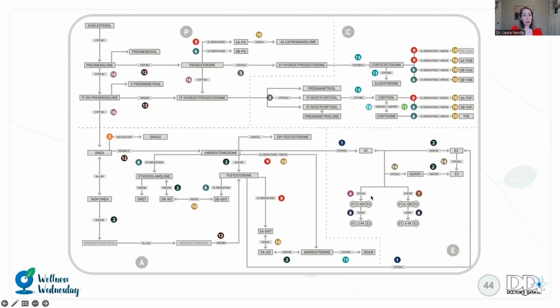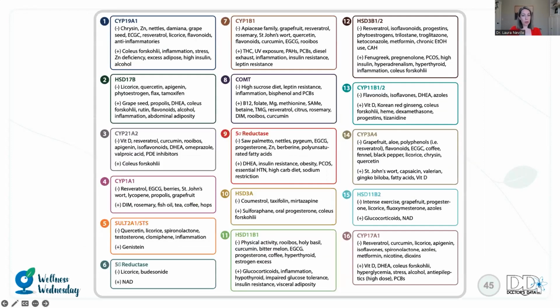Like say this patient has too much of the 4-hydroxy pathway and not enough of the 2. You could come in here and say, hey, I want to target this enzyme. I want to decrease this enzyme number 7. I want to increase this enzyme number 4. So you would simply go to this therapeutic treatment considerations document that we created all together.